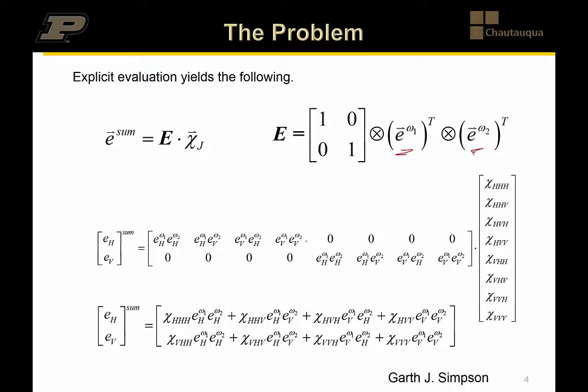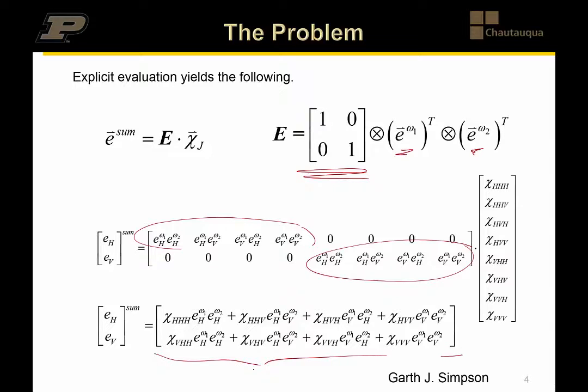This explicit evaluation, we get the same product of 4 that appears here and here when we do the Kronecker product with the 2 by 2 identity matrix, and then explicit multiplication by the Jones tensor in vectorized form, my apologies, yields this expression for the Jones vector of the sum in terms of the incident polarization state and the vectorized form of the Jones tensor.